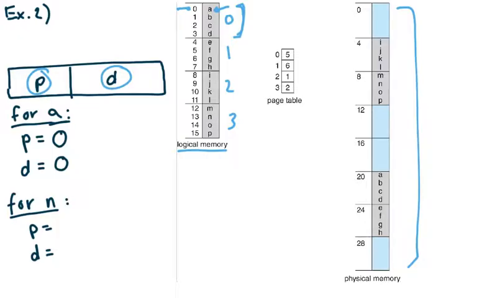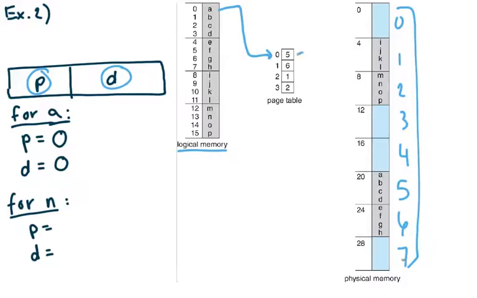So what we can do now is, let me erase this. We can say, okay, A is in the 0th page, so we'll come here and we find that it is in frame 5. So if we count 2, 3, 4, 5, 6, 7, so here, and we see that it is at offset of 0, so we'll point to the very first one.